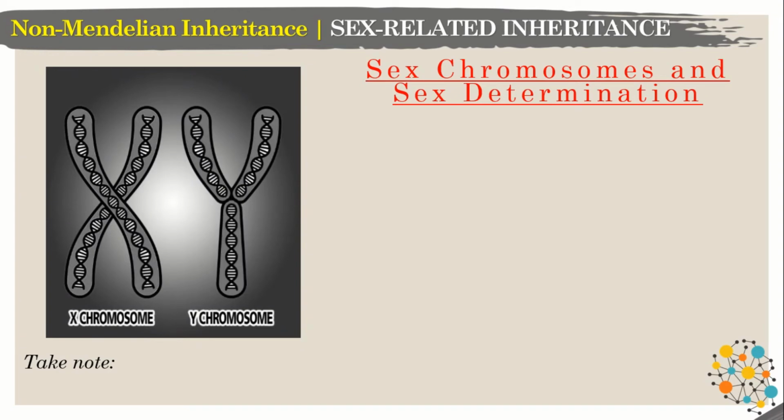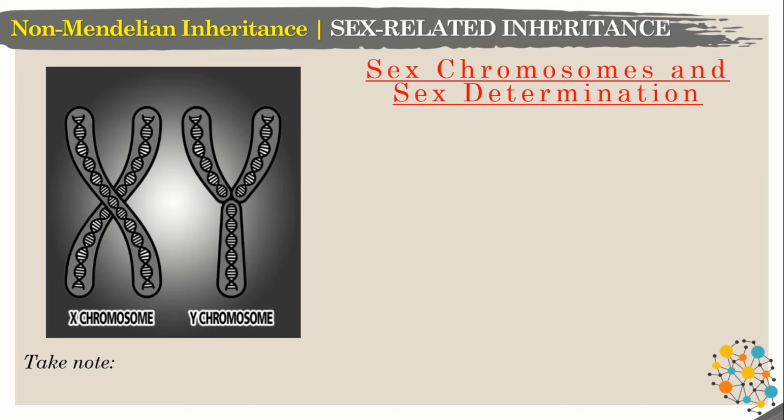So, we are on sex-related inheritance. Earlier we said that under sex-related, there are three specific types of mode of inheritance. In order for us to better understand, when we say sex-related, it has something to do with sex chromosomes and sex determination.